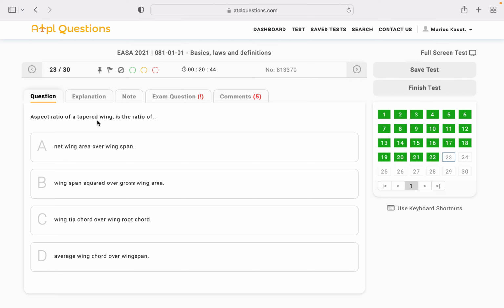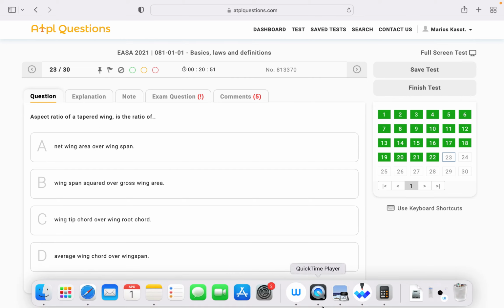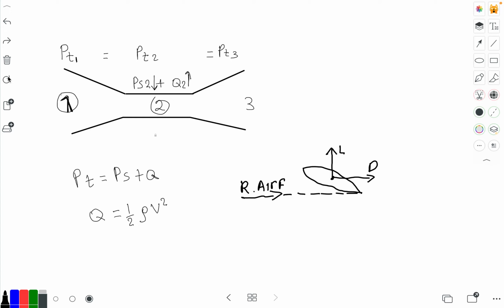Aspect ratio of a taper wing is the ratio of, let's remember the formula of the aspect ratio.